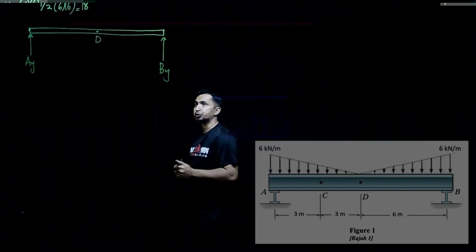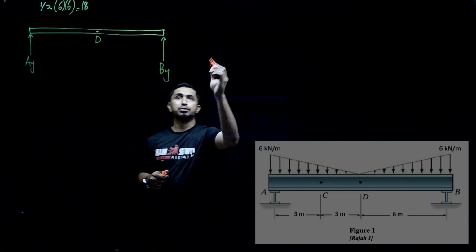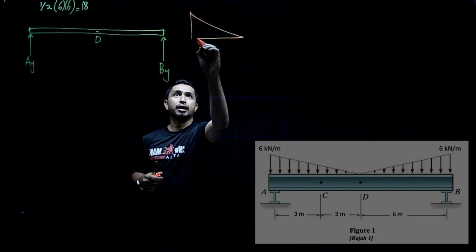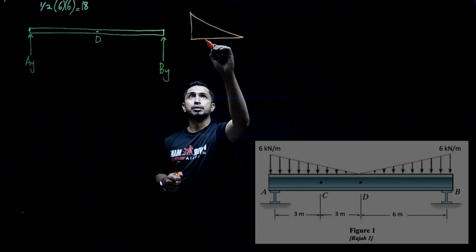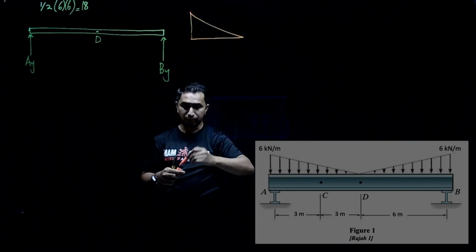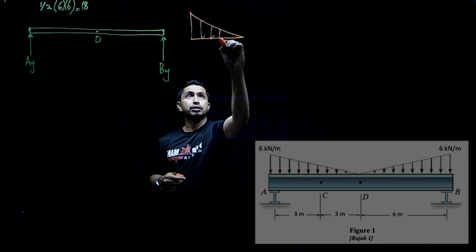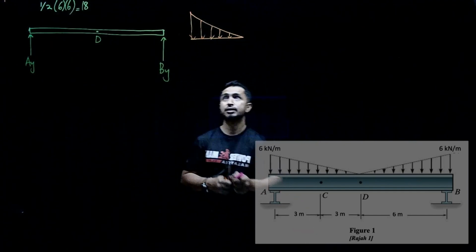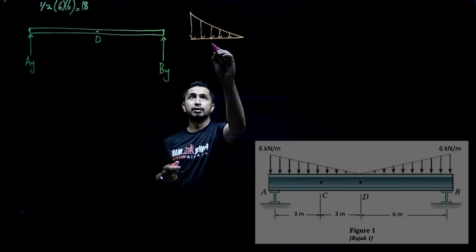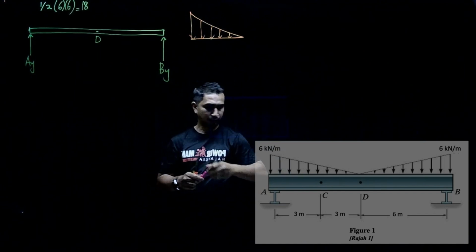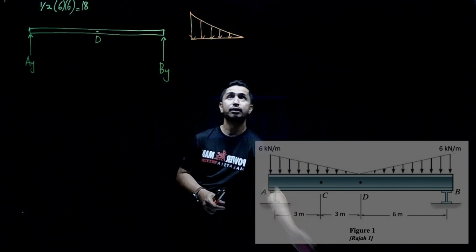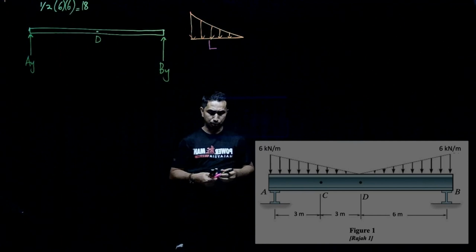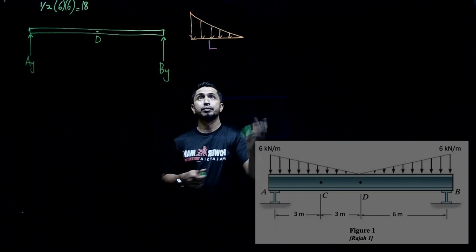But the placement of the single load should be, as I said in previous class, if we have triangular shapes and you want to convert it into a single load, it will be like this. This is the total length L. To convert it into a single load, it will be here.